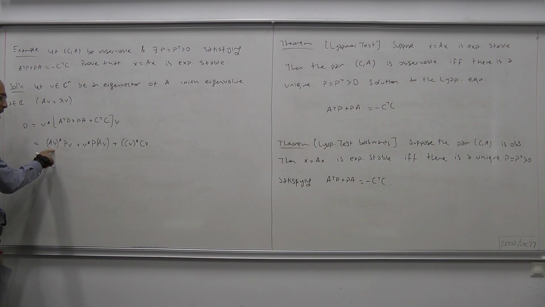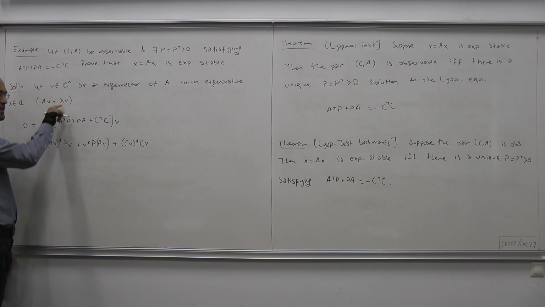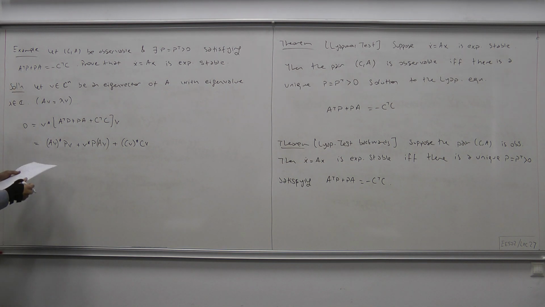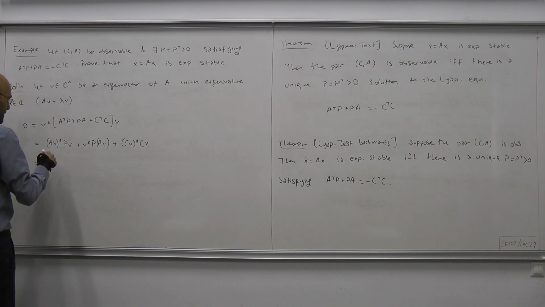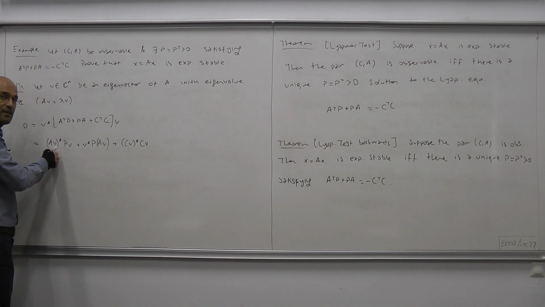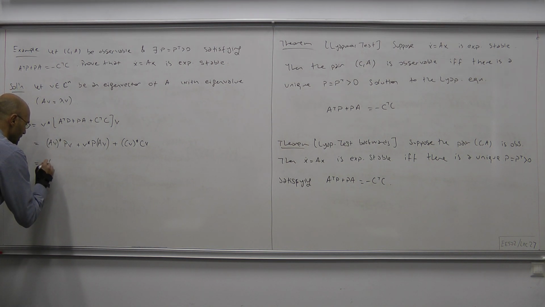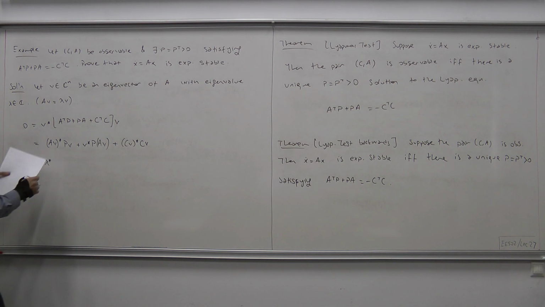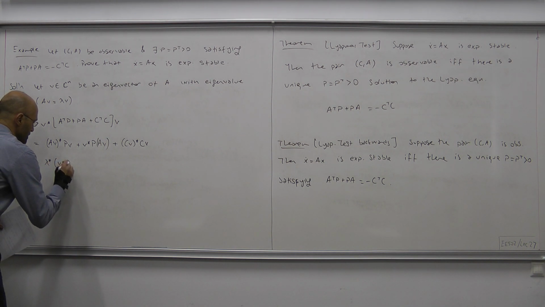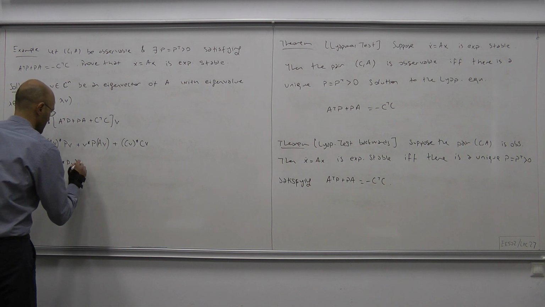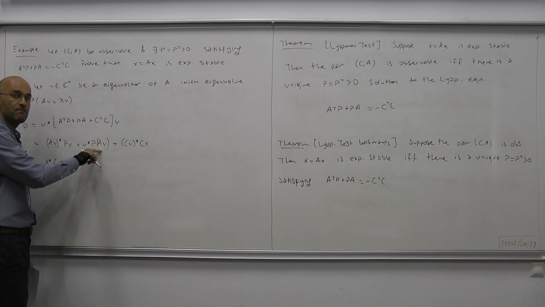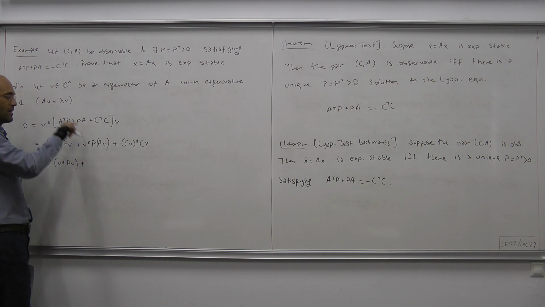Now AV is lambda V, so let's rewrite that. This equals lambda times V, and then we're taking its conjugate transpose. That produces lambda conjugate times V conjugate transpose PV plus, here we have AV, which is lambda V. Lambda is a scalar.